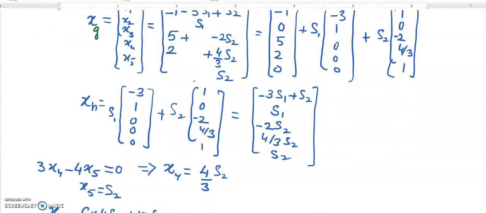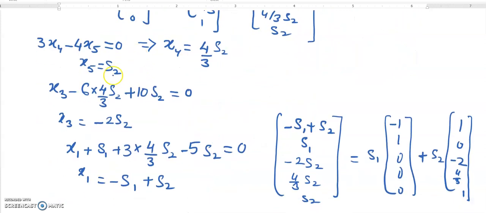Okay, so next let's do one more. That may be the last example here. So again, for example, I take it as example 4.